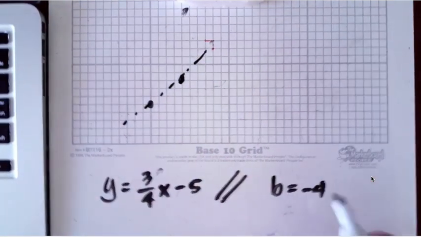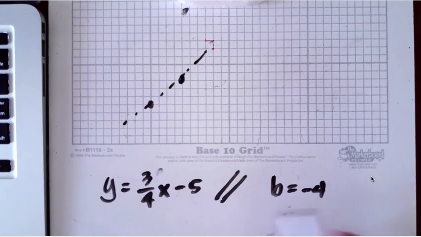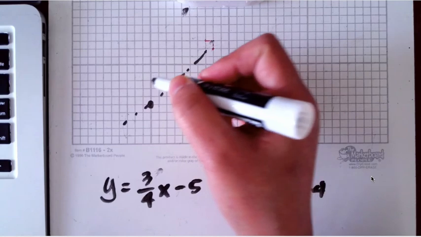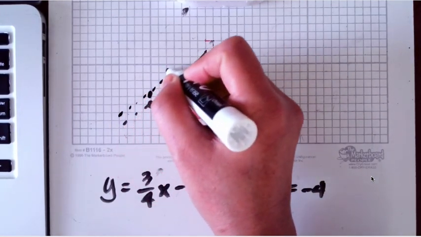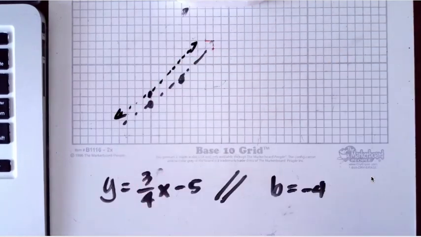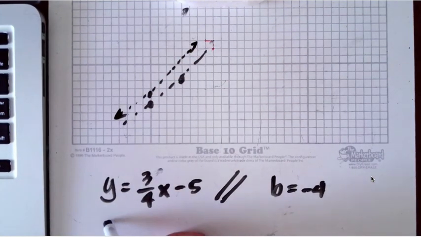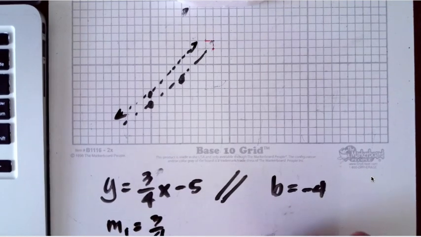Now we would like to find an equation of a line that's parallel to this line, and whose y-intercept is negative 4. So we are looking for this line, because it's supposed to be parallel to that line. Now we know already that the slopes of parallel lines are the same. So the slope of this is 3/4.